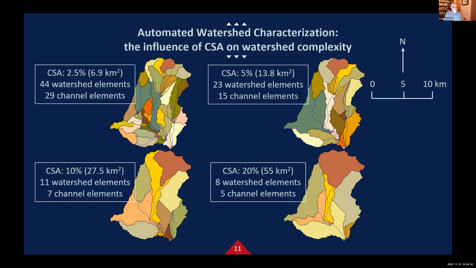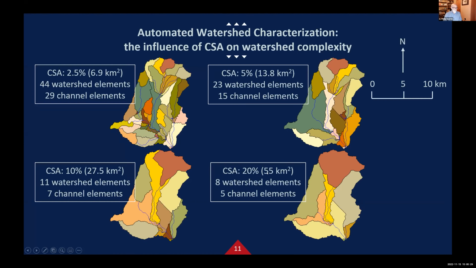In this slide, I'm looking at how CSA would influence watershed complexity. Basically, the smaller the CSA, contributing source area, 2.5% or 0.26 square kilometers, you would get a lot of modeling elements: 44 watershed elements and 29 channel elements, compared to using a CSA of 20%.